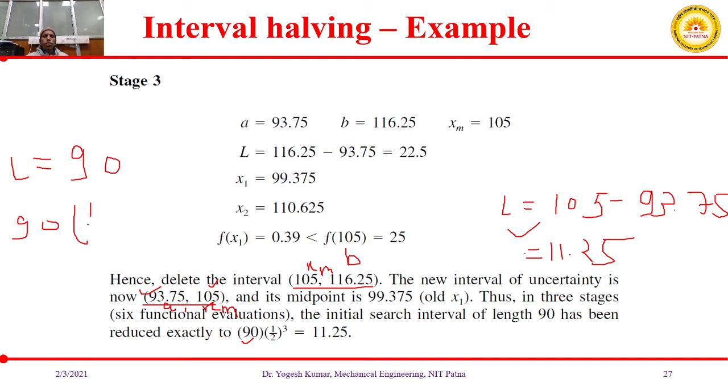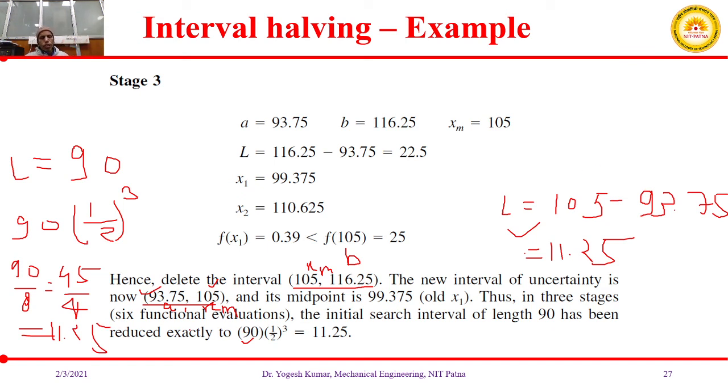In these three stages, the length of your internal interval should be reduced to 90 by 8, or you can say 45 by 4, which will be equal to 11 point something.